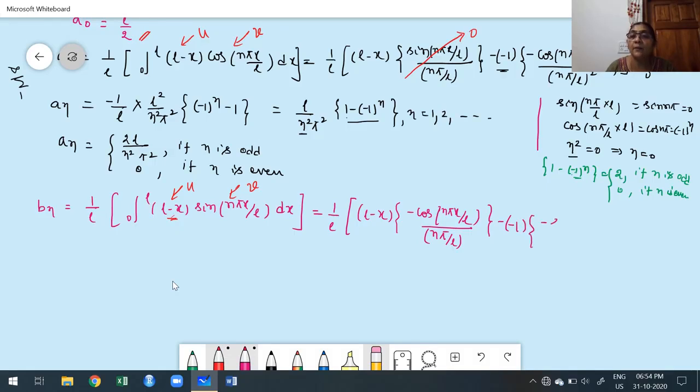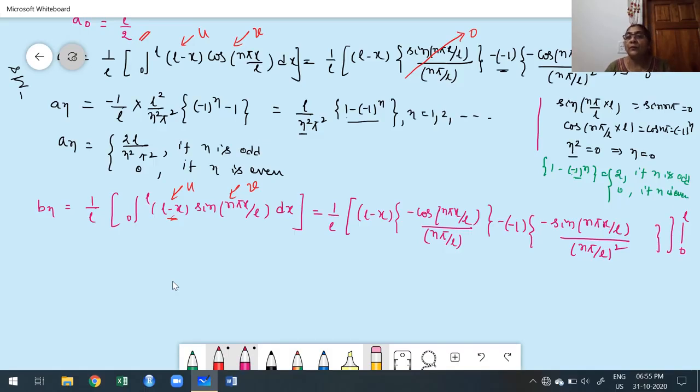Again, integrating we get minus sin of n pi x by L divided by the coefficient of x, n pi by L, so we get n pi by L whole square. What is the limit? 0 to L.